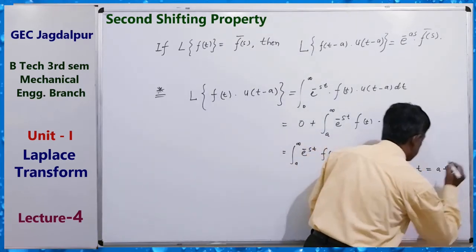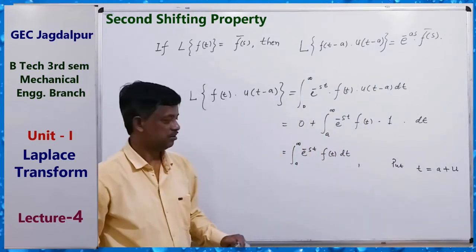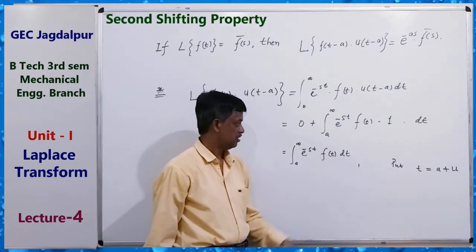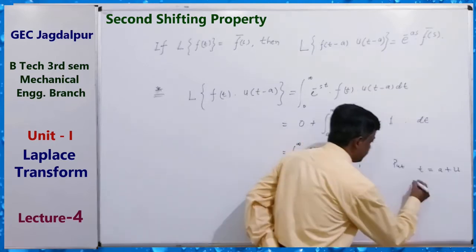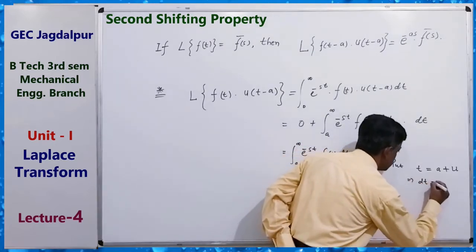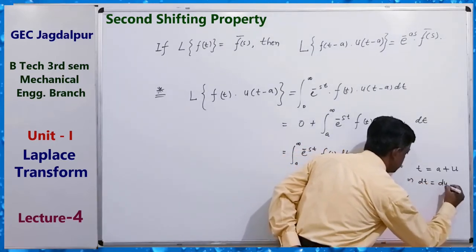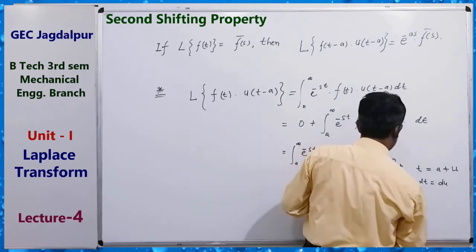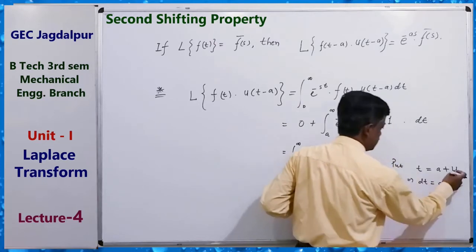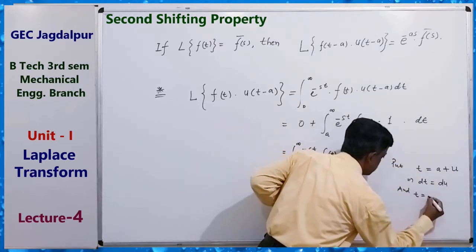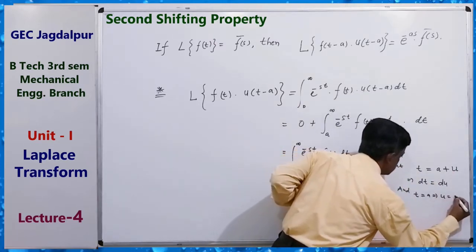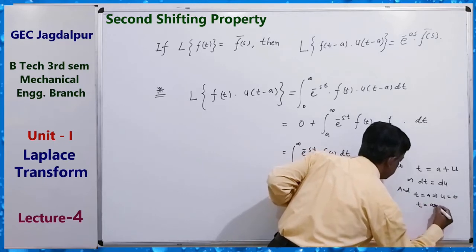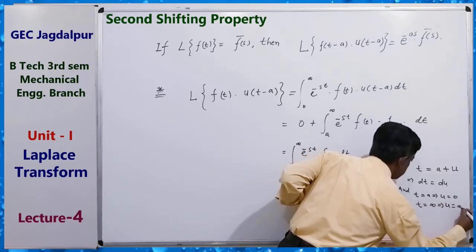So dt equals du, and t equals a implies u equals 0, and t equals infinity implies u equals infinity.